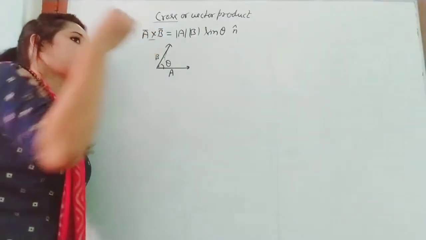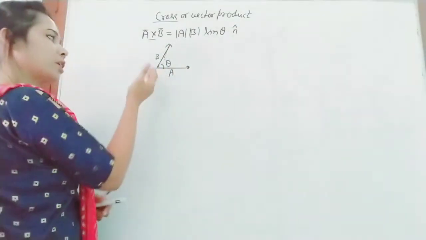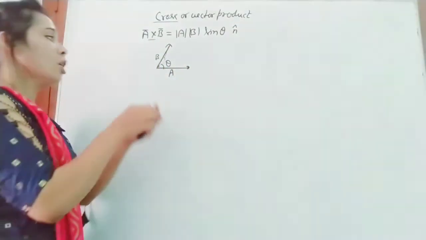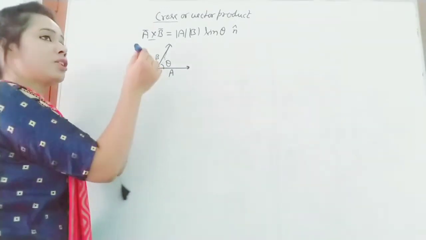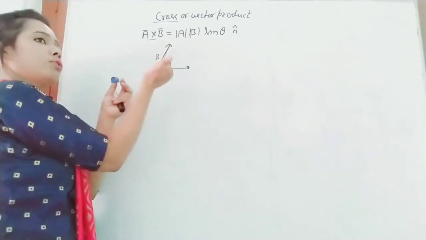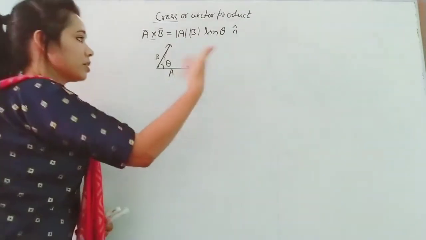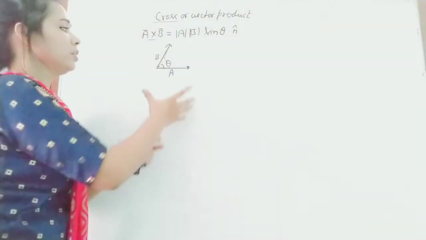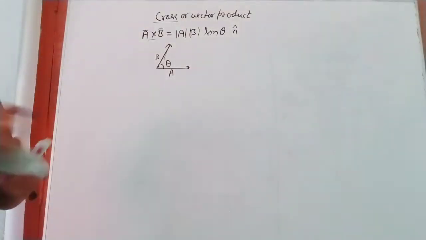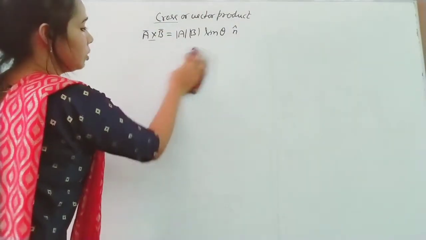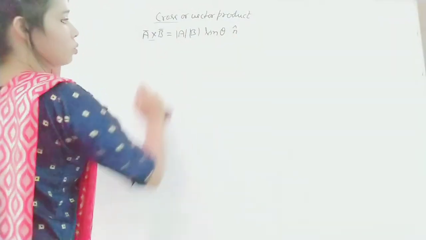So after the cross product of any two vectors, we find another vector which is perpendicular to these two vectors and has the direction of the cross product. We will understand more in the properties. This n will show the direction perpendicular to these two vectors.